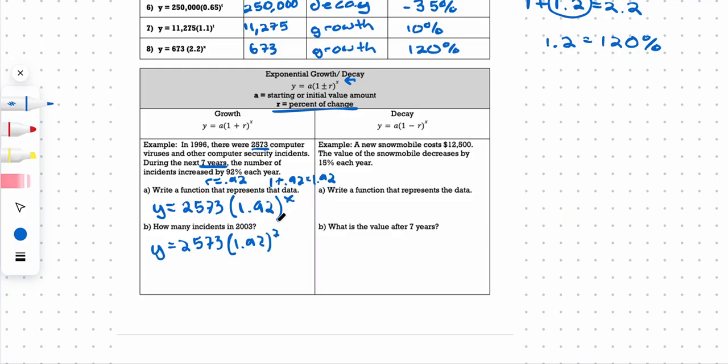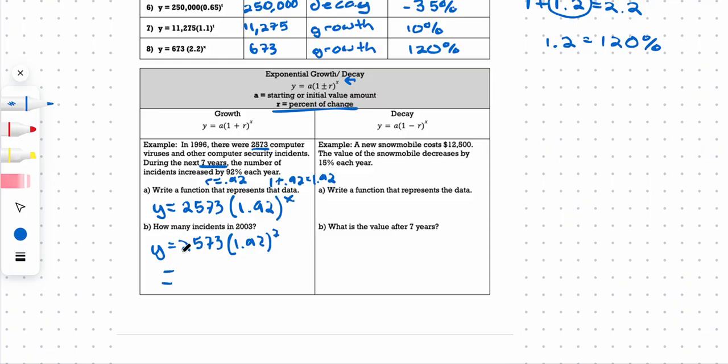So if you get out your calculator right now, and we do that, I'm going to first do 1.92 to the 7th power. And then we multiply that. And once I did 1.92 to the 7th power, I got 96.19-ish. And now I'm going to multiply that by 2,573. You should get something relatively large.